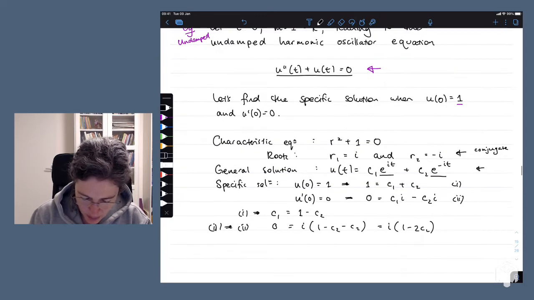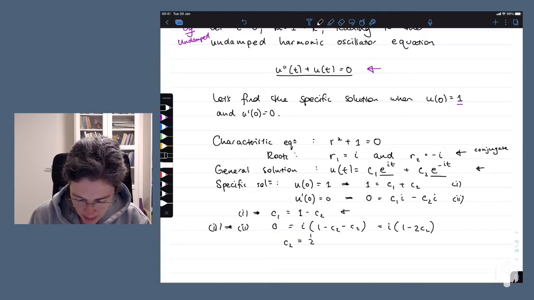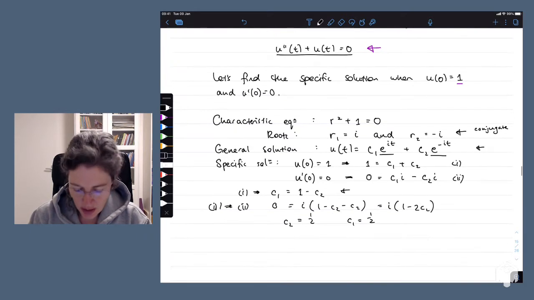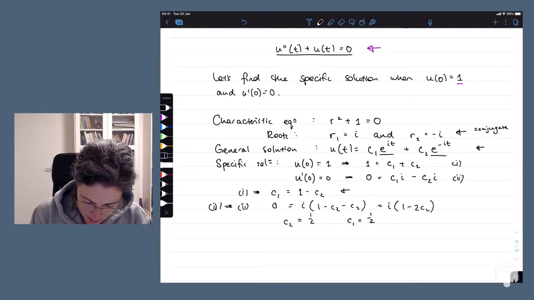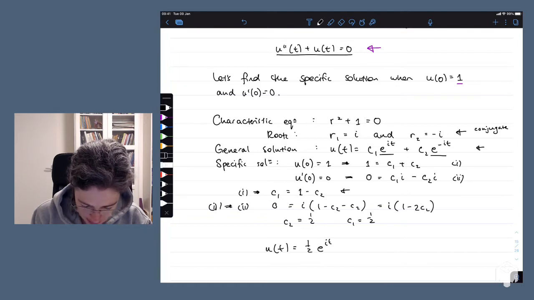And so putting this all together, I end up with my c2 is equal to 1/2, and then based on this equation over here, c1 is also equal to 1/2. So finally I can get my specific solution: u of t is equal to 1/2 e to the it plus 1/2 e to the minus it.